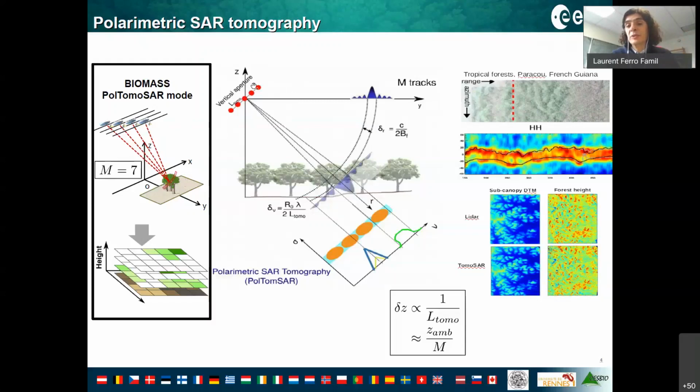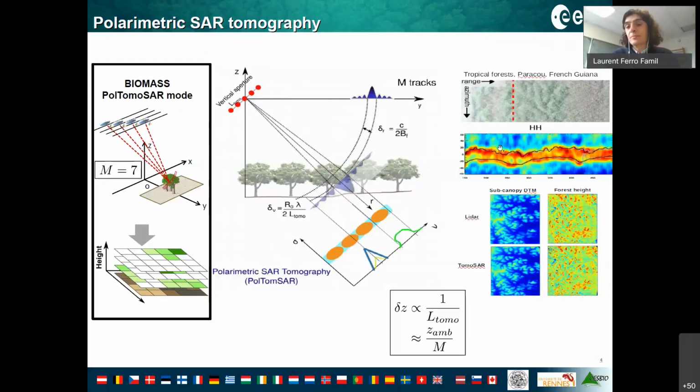And using array processing, as Stefano will show you, you are able to further discriminate this resolution cell into more refined 3D resolution cells here, and you will be able to say, okay, in this one I have the response of the canopy, in this one I have the response of the ground, maybe single and double bounce reflection on the ground and the trunk, and then you would use POLSAR Pro and polarimetric processing to try to separate single and double bounce.